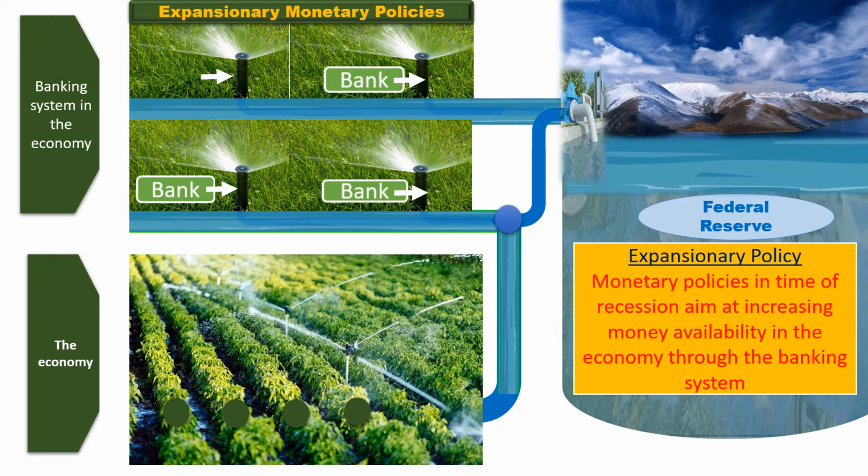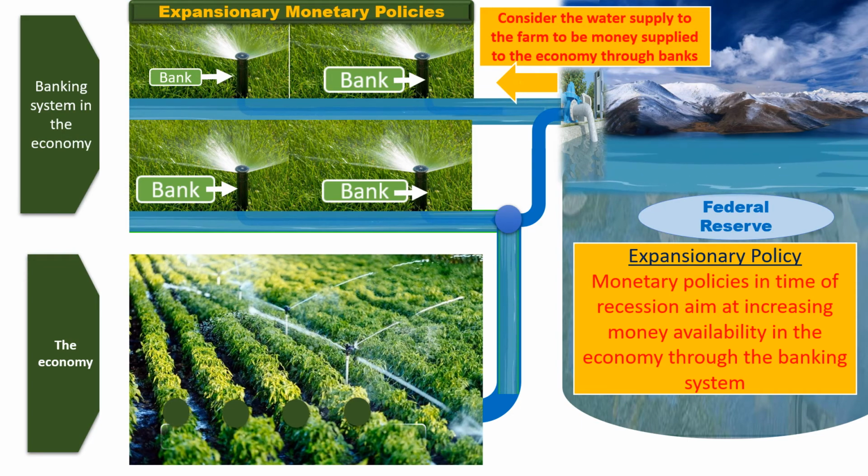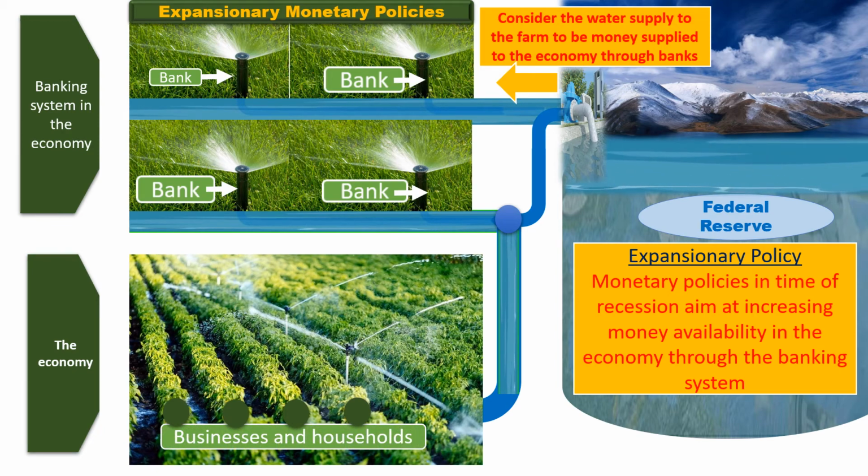In our illustration, the Federal Reserve is the source of water, and the banks are the sprinklers that help spread the water over the garden. Also, the grass that is receiving the water represent businesses and households.